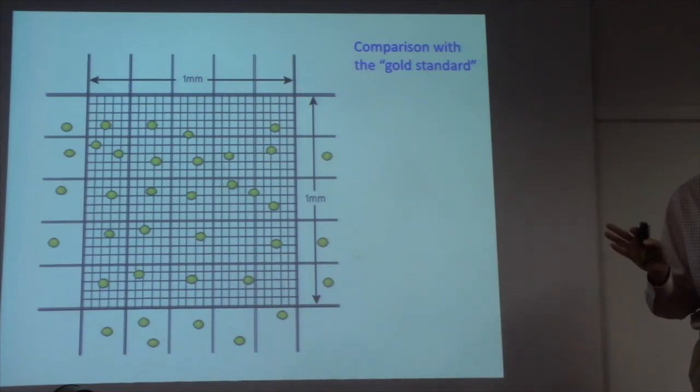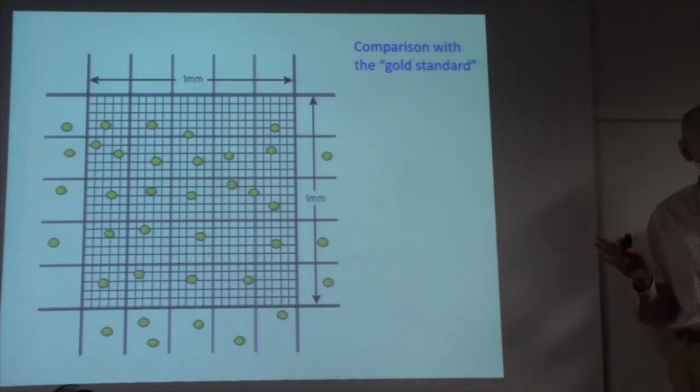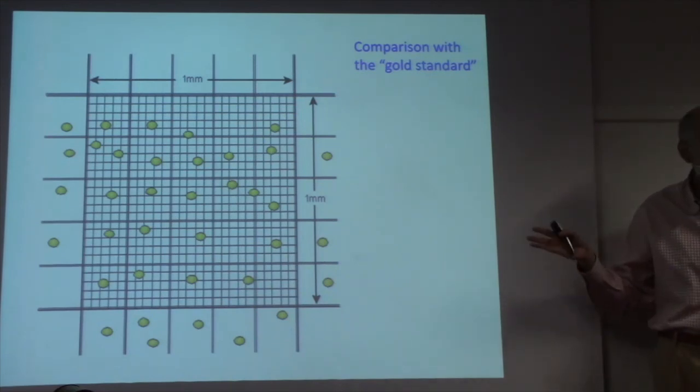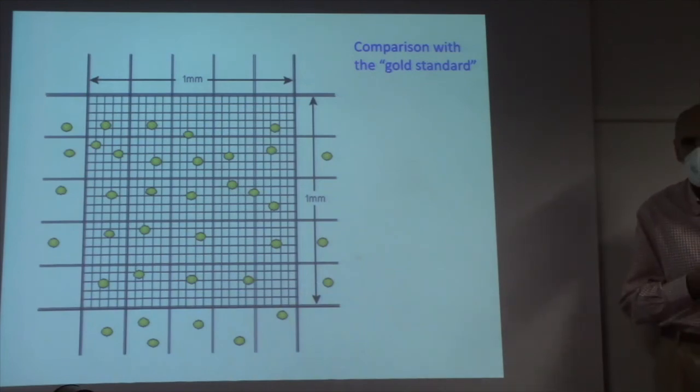The hemocytometer arguably is the gold standard in counting cells because it's very simple, both in principle and in its actual structural form. And so it has the fewest chances of being affected by error.